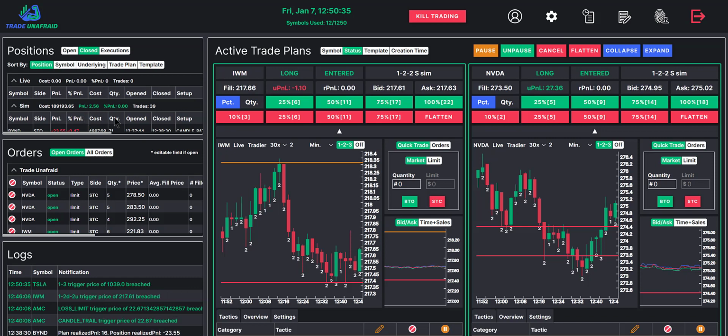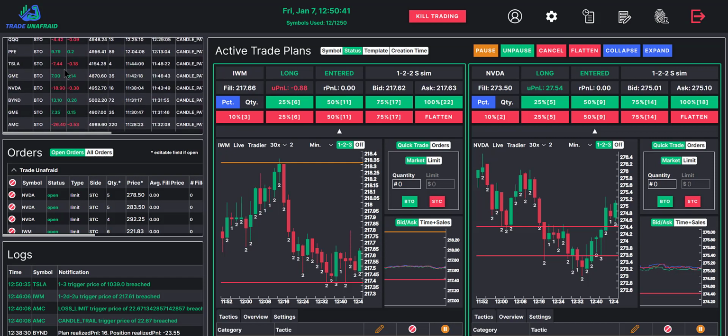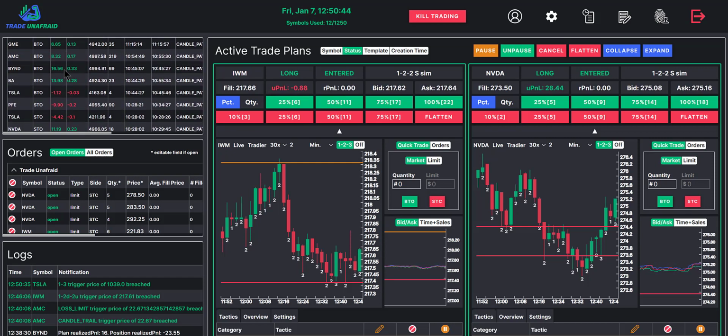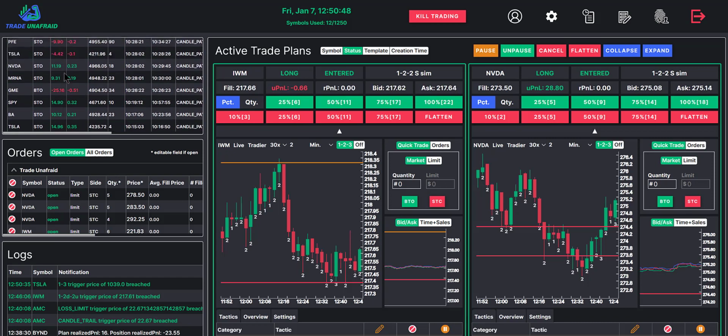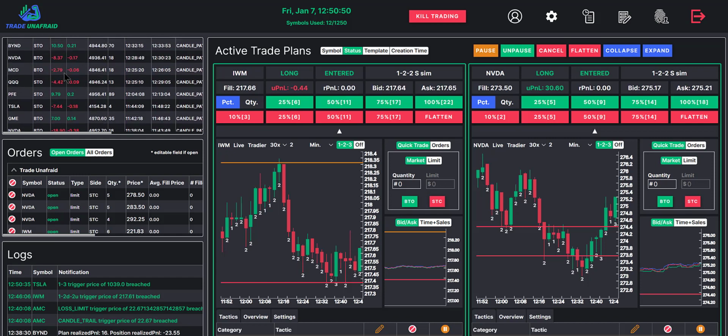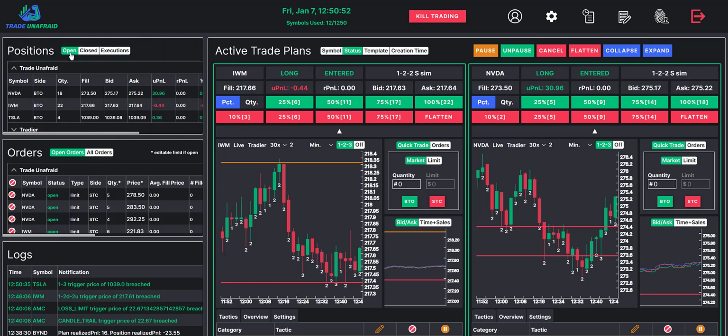Right now, I'm basically about even after 39 trades. So you can see winners and losers. And of course, this is system design. There's plenty of variables to tweak.